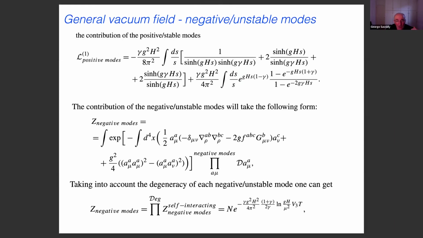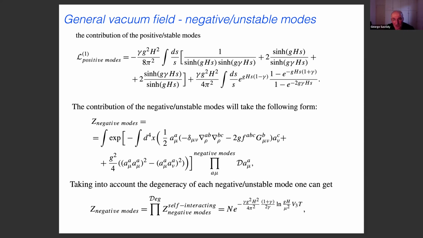So now we have to repeat our calculations. You see the expression: we have a positive contribution of positive modes, and of course it depends on gamma, as you see here. If we put gamma equal to 1, this expression reduces to g squared h squared, like it was before.